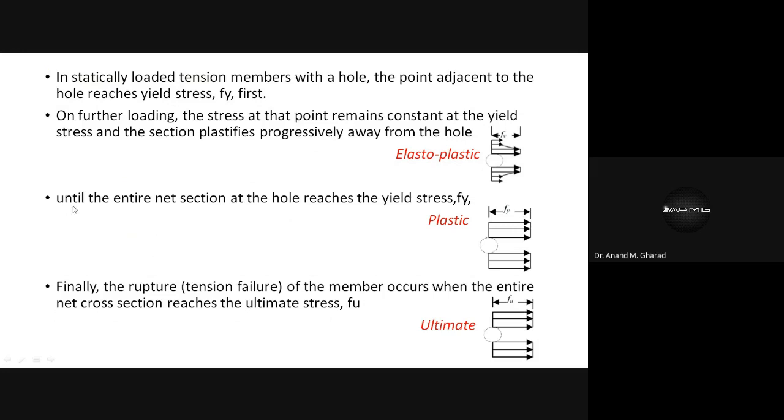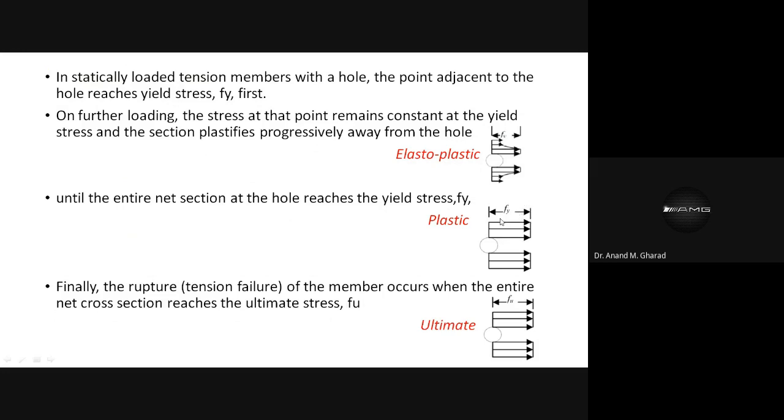With the further increase in the pull, what will happen? Until the entire net section at the hole reaches the yield stress Fy value. So slowly, with the further increase in the pull, the Fy value is reached, and this Fy value from this periphery of the hole to the end of the plate, it will now be consistent.